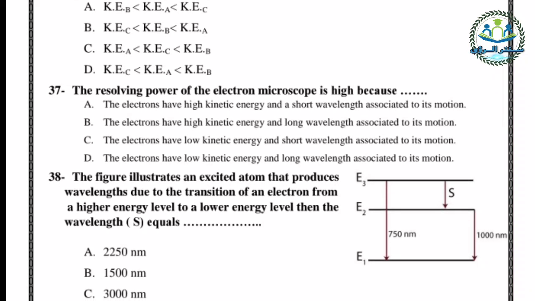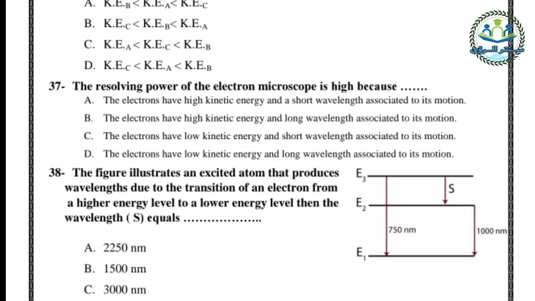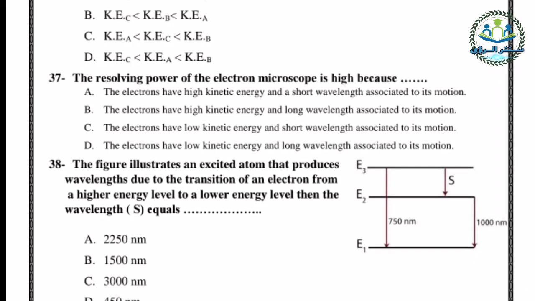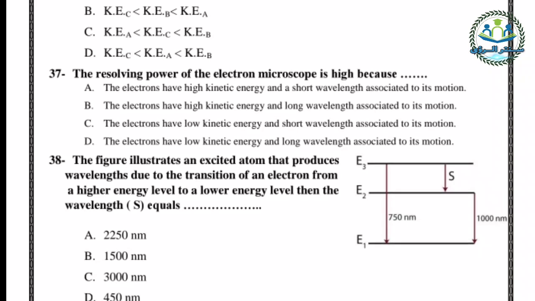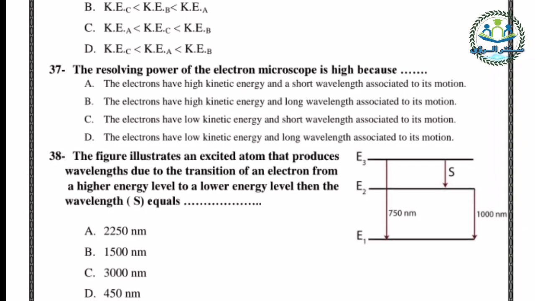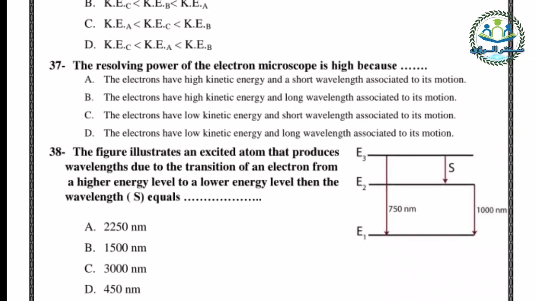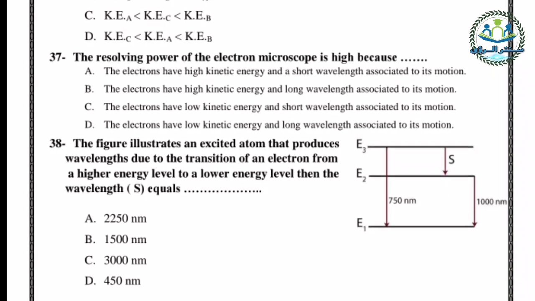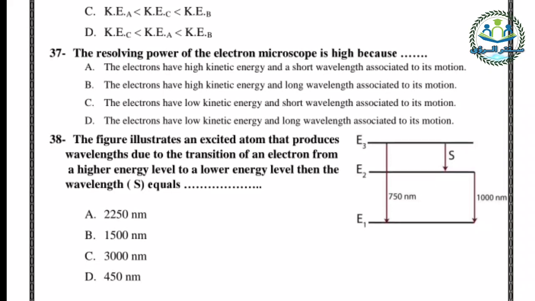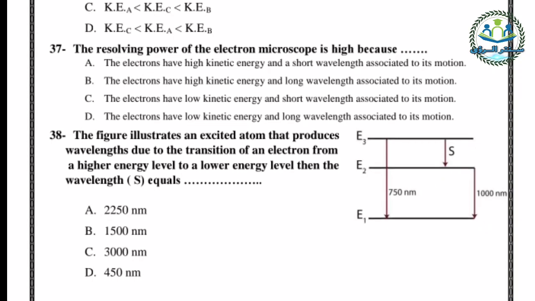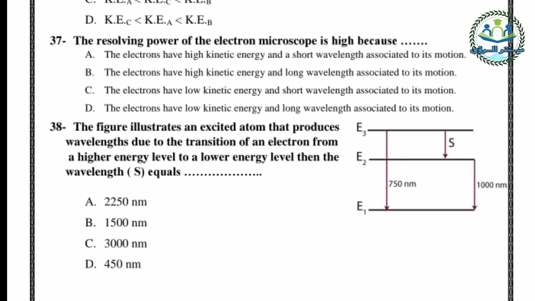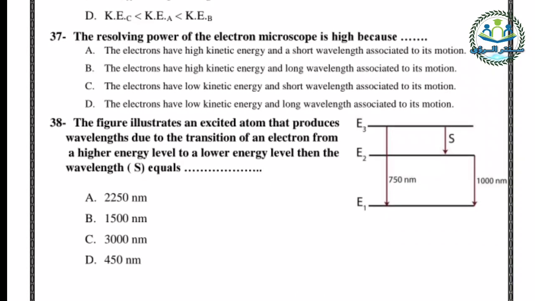B. The electrons have high kinetic energy and a long wavelength associated to their motion. C. The electrons have low kinetic energy and a short wavelength associated to their motion. D. The electrons have low kinetic energy and a long wavelength associated to their motion.